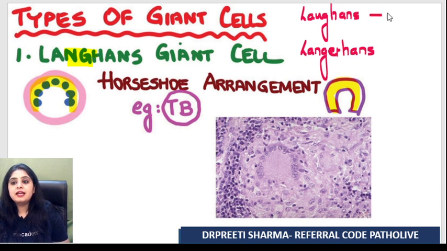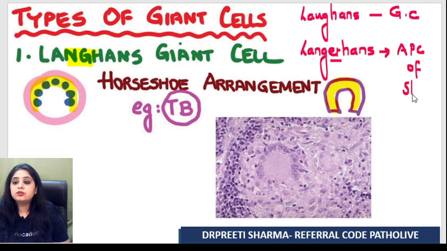Langhans is the giant cell that I'm teaching you right now. Langerhans is an antigen presenting cell of the skin. That is why you must have heard diseases like Langerhans cell histiocytosis, LCH. That is Langerhans. What I'm teaching you over here is Langhans giant cell.